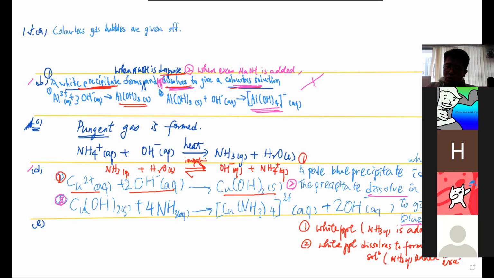Can you see the word until in excess? So until means I will record the whole stage of the addition and try to give you as detailed an observation as possible, not just the final observation. Do you understand?